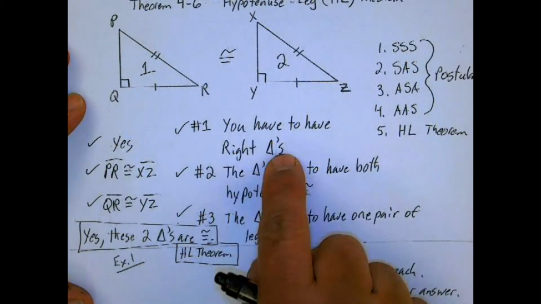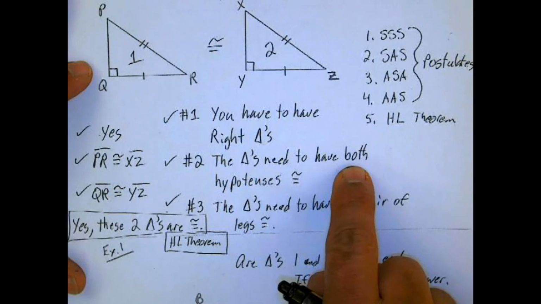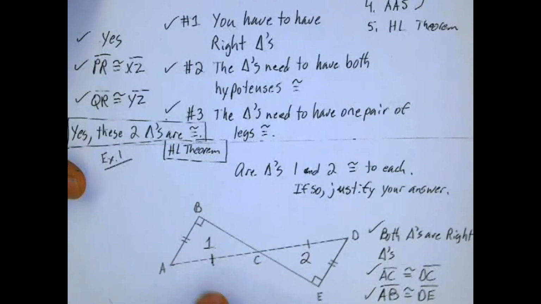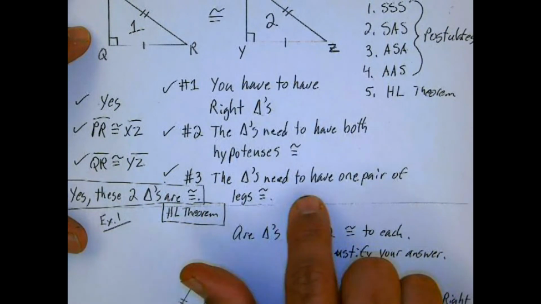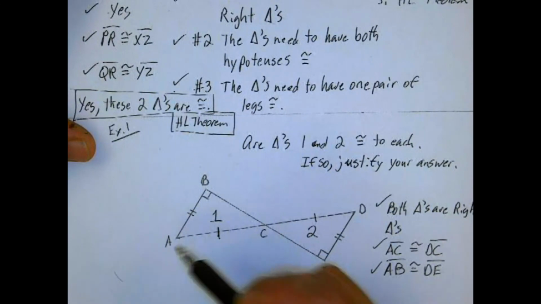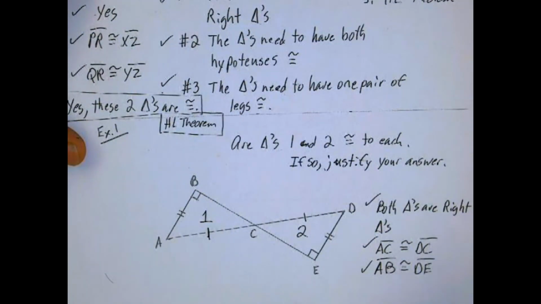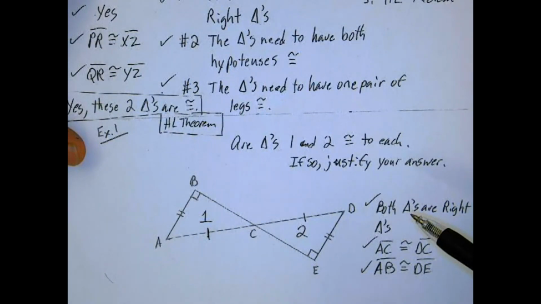You have to have right triangles. That's in place. You need to have both hypotenuses congruent to each other. Those are congruent to each other. And the last part is the triangles need to have one pair of legs congruent, and that's the case for both triangles here. So BA is congruent to DE, and that's the last piece. There, you need three pieces of information so you can use a shortcut.